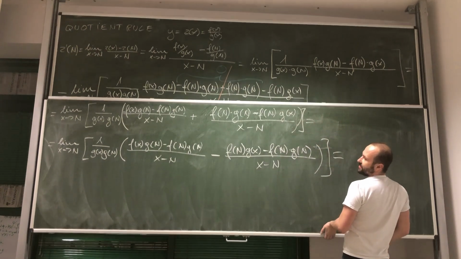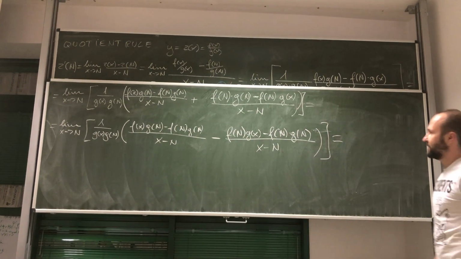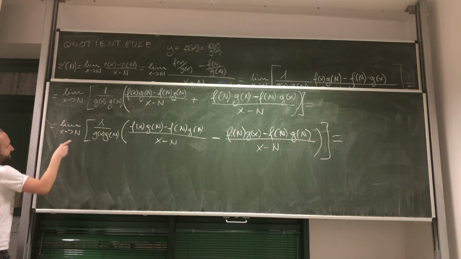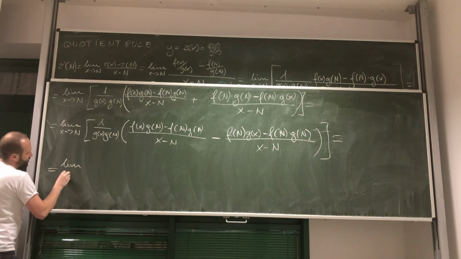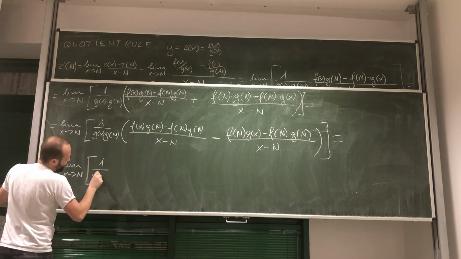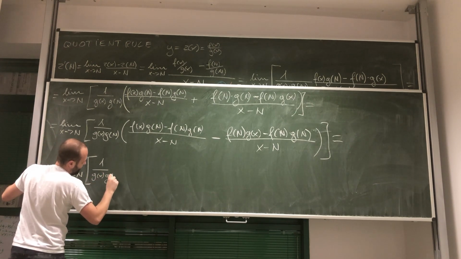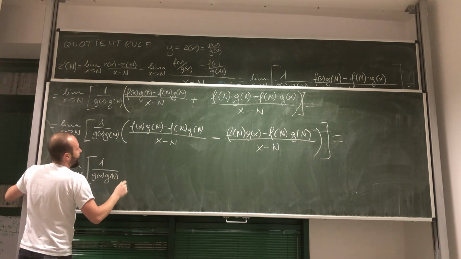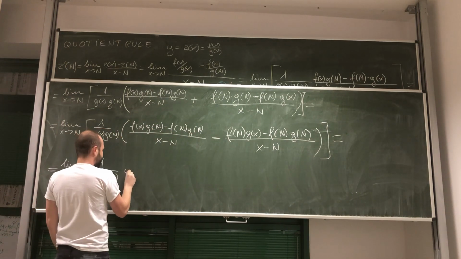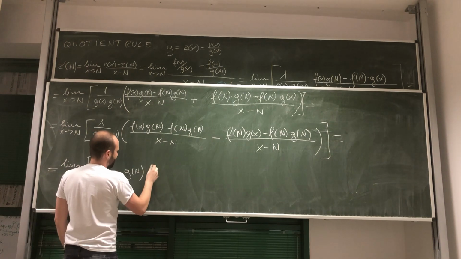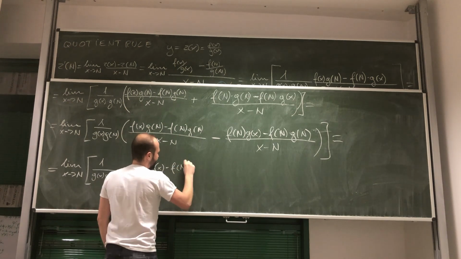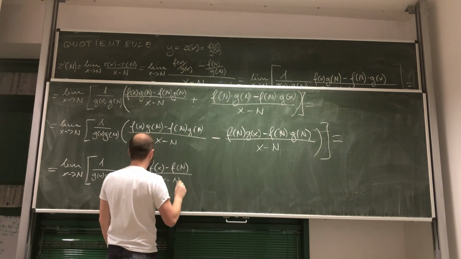Okay, and now let's take the common part that we get out of each fraction. So I'm getting that this is the limit with x approaching n, and here I have 1 over g(x) times g(n). Out of this, the common part is g(n), and what I have left is (f(x) minus f(n)) over (x minus n).